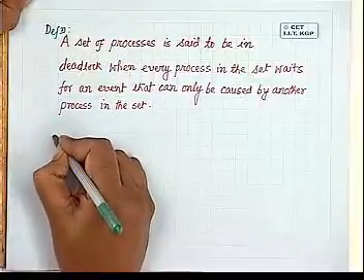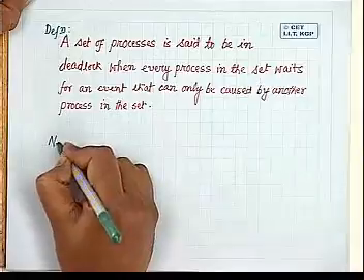If we can ensure that such conditions will never occur, then we can ensure that deadlock will never occur. So you have to know the conditions for the occurrence of a deadlock. There are 4 necessary conditions for the occurrence of deadlock.